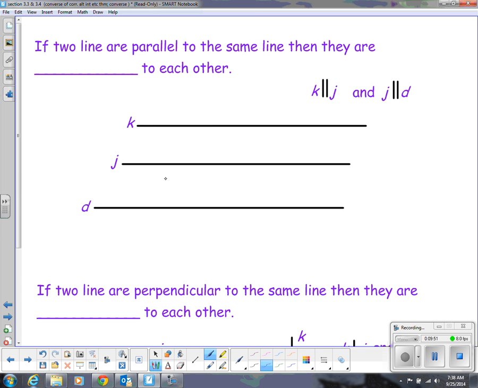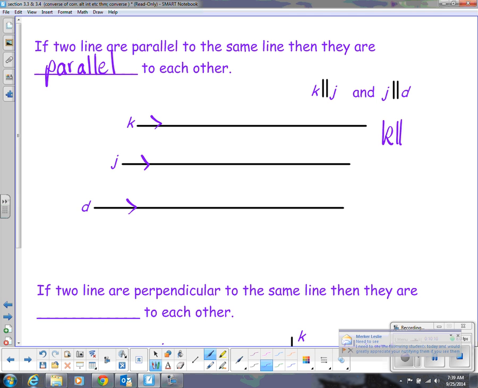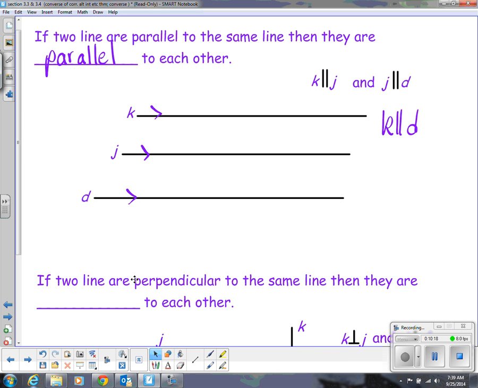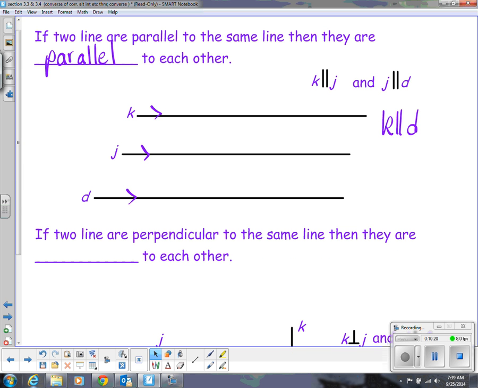If K is parallel to J, and J is parallel to D, what must be true about K and D? Then they are parallel to each other. So that means that K is parallel to D. It's kind of like transitive for parallel. And it just so happens that it might work in this direction too.